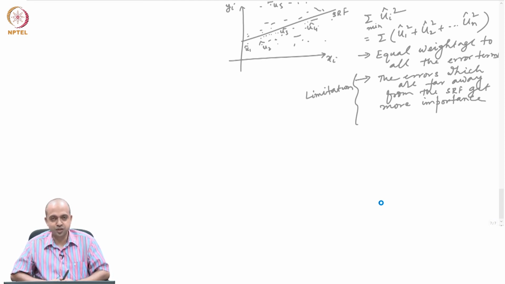In that process, since we are putting equal weightage, we are committing some mistakes, because the larger the deviation from the SRF, the higher the importance we give, since squaring magnifies it. The errors which are already larger in magnitude get magnified after squaring, which ideally should not be the case. The larger the deviation, the lower the weightage should be, and that we will do in our weighted least square method, which we will discuss later.